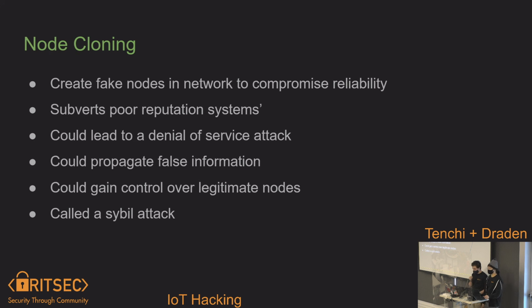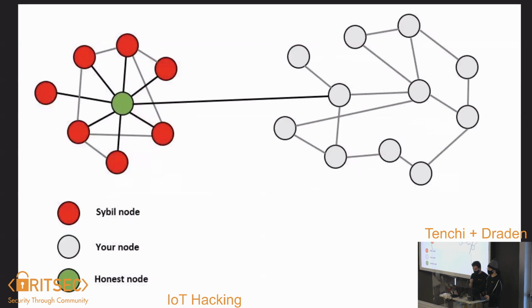You can mitigate this by increasing the cost of generating identities and requiring a chain of trust linking nodes to a trusted entity. Here's an example diagram where you can see an honest node surrounded by bad guy nodes, but there's only one link to legitimate nodes.